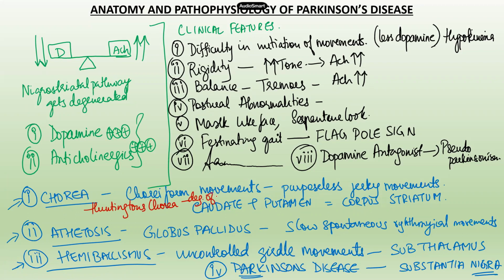There will be degeneration of those GABA neurons. And then we have got Sydenham's chorea. This basically occurs in patients having rheumatic fever. So your basal ganglia is involved in that. So this is about the anatomy and pathophysiology of Parkinson's disease.